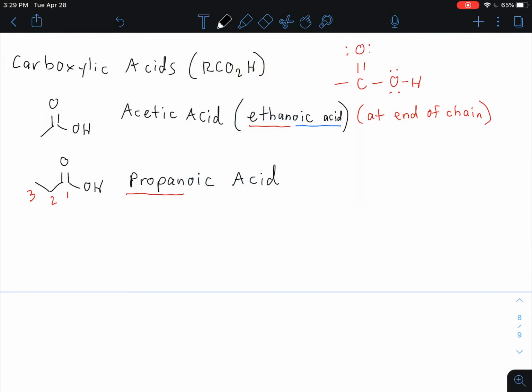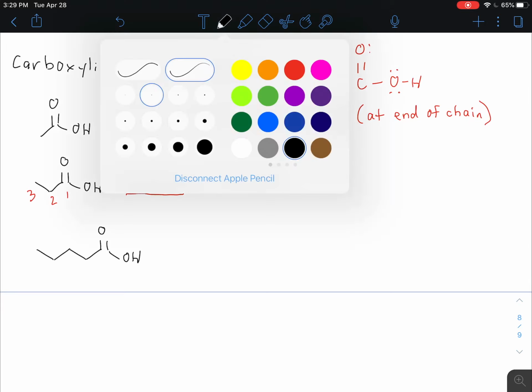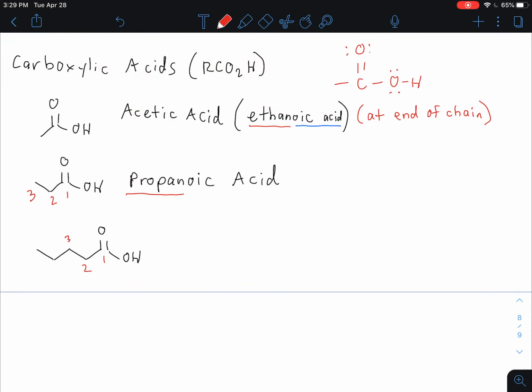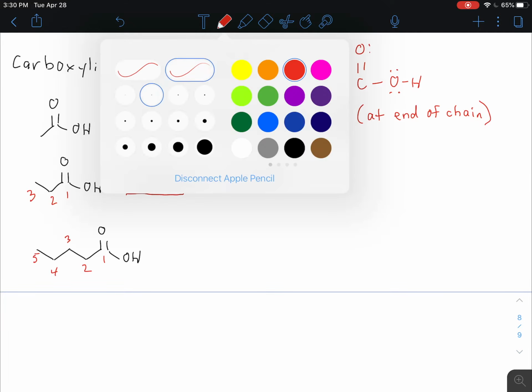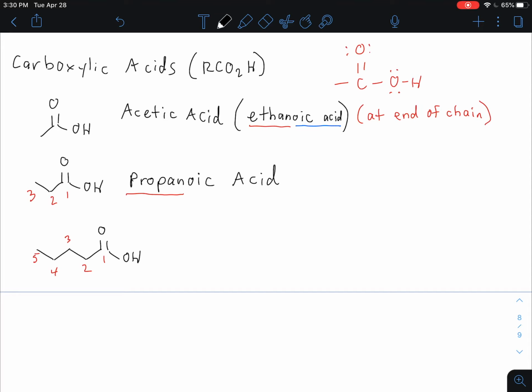And now with the propan prefix telling me it's 3 carbons in total, we could also have, let's say, 5 carbons. One, two, three, 4, 5. So we're including the carboxyl carbon, that's what we call it, the carbon that's double bonded to the oxygen and the OH. So that one counts. So this would become pentanoic acid.